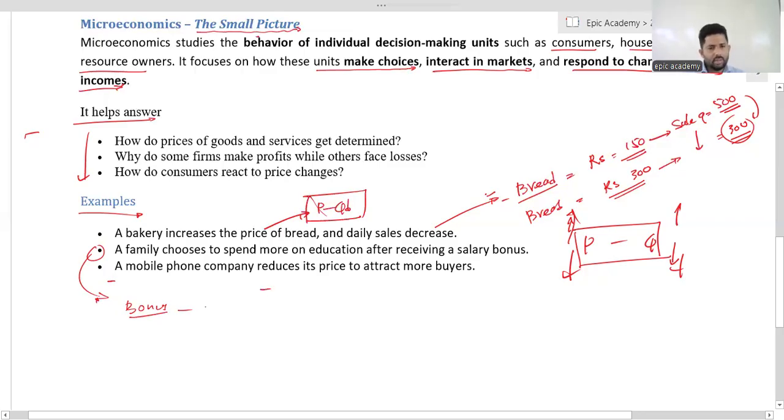Already they spent $50 a month for education purposes. But after receiving that bonus, they increased it to $60 for education purposes.